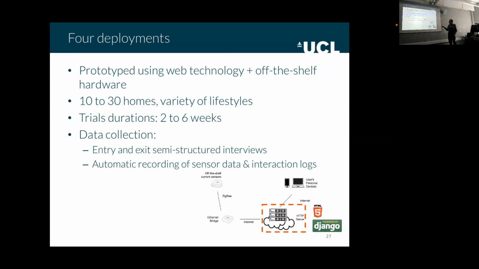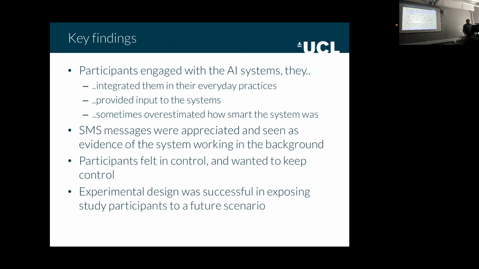We collected data through semi-structured interviews at the end, sometimes also at the beginning, but we also recorded participants' interactions with the system, as well as the sensor data to see how the temperature in their home changed and whether the electricity consumption changed in any way.